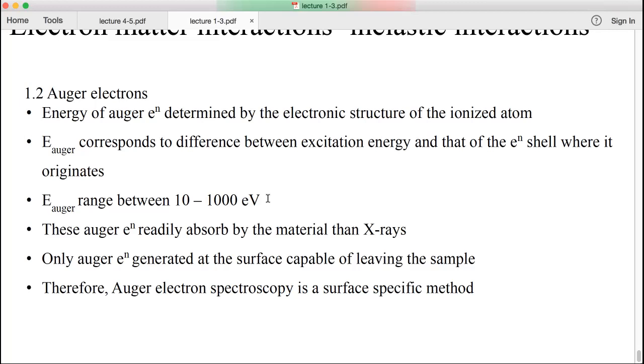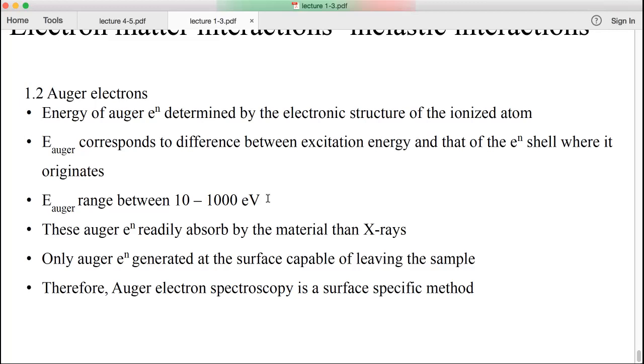The SEM can have Auger electron detectors. These detectors easily capture Auger electrons, and since Auger electrons escape from surface atoms, they provide a very good idea about the surface.